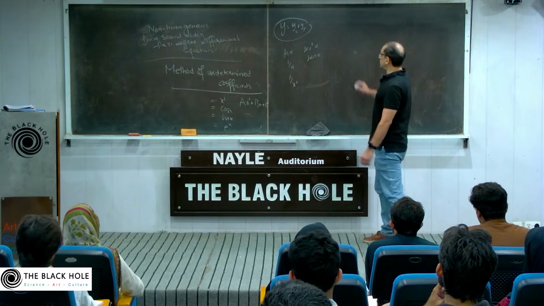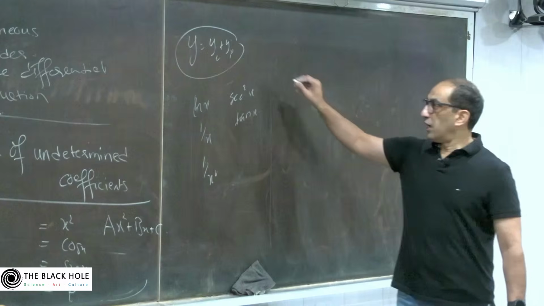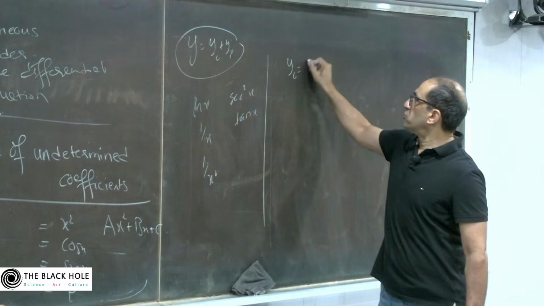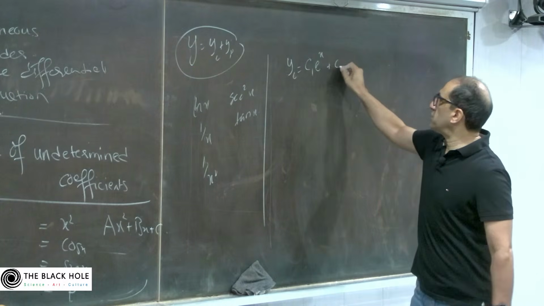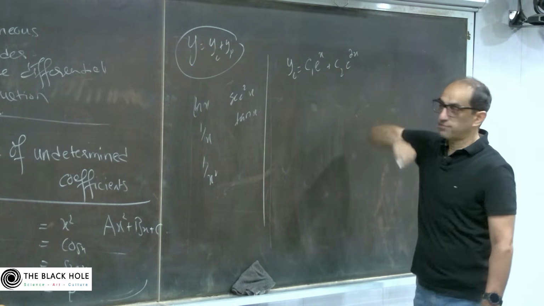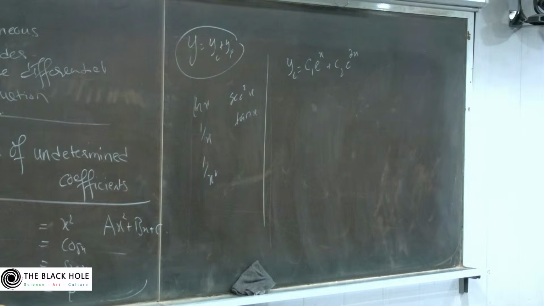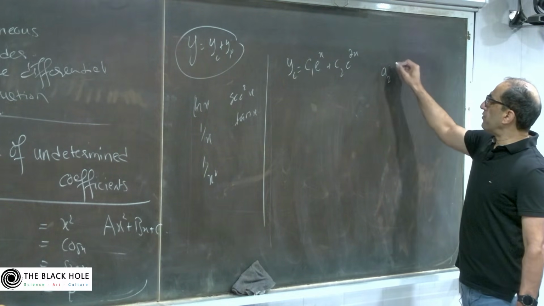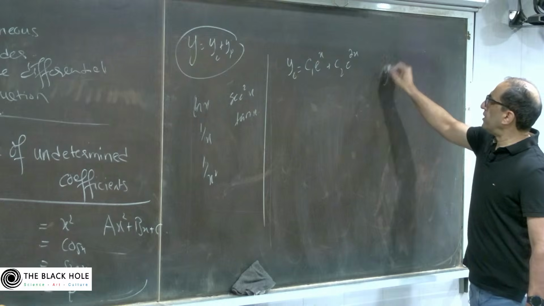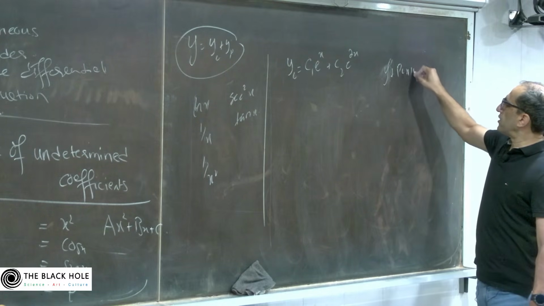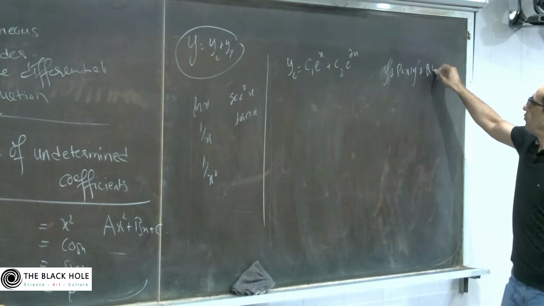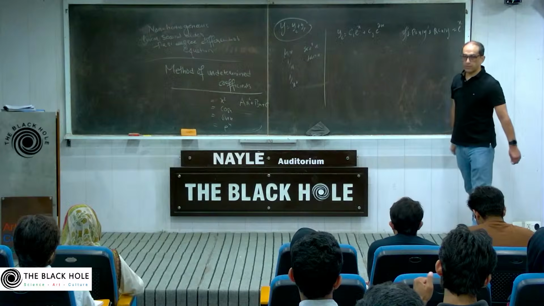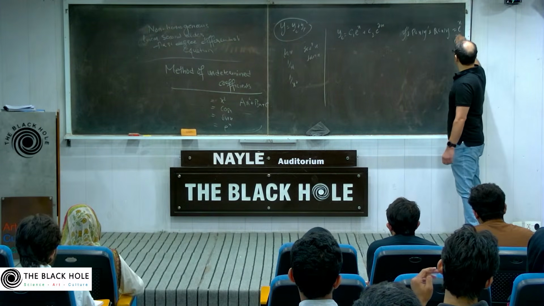So what happens is that, let's say you have a solution yc is equal to c1 e raised to power x plus c2 e raised to power 2x, and the equation that you are given is y double dash plus p of x y dash plus q of x y is equal to e raised to power x or e raised to power 2x.